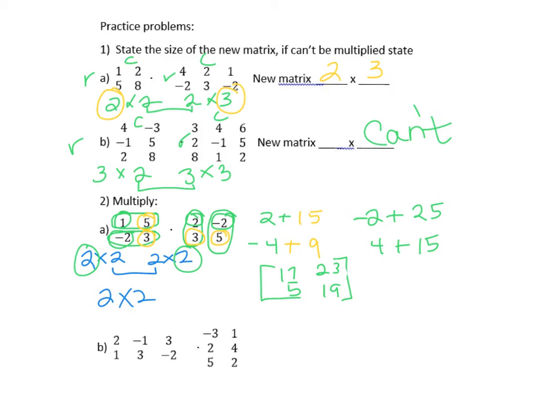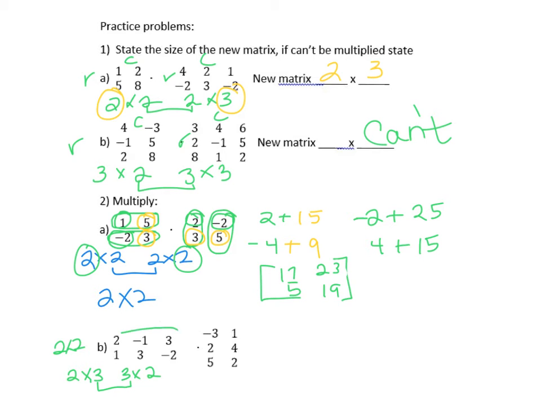All right, so if we look at the next one, I'm going to check that this is a 2 by 3, and then the other is a 3 by 2, right? These match, so in the end, I'm going to have a 2 by 2, which is kind of nice.